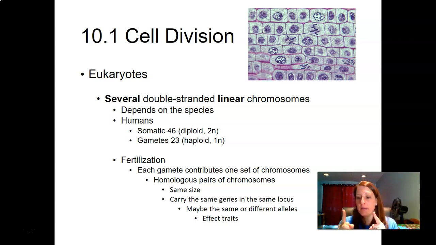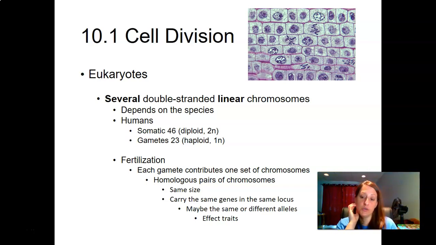Well, let's say your mom gives you the allele, the form of the gene, that codes for blue eyes. But your dad gives you the allele, or form of the gene, that codes for brown eyes. So we have the same gene, it's the eye color gene, but we have different forms or variants of that gene. We call those forms or variants alleles.